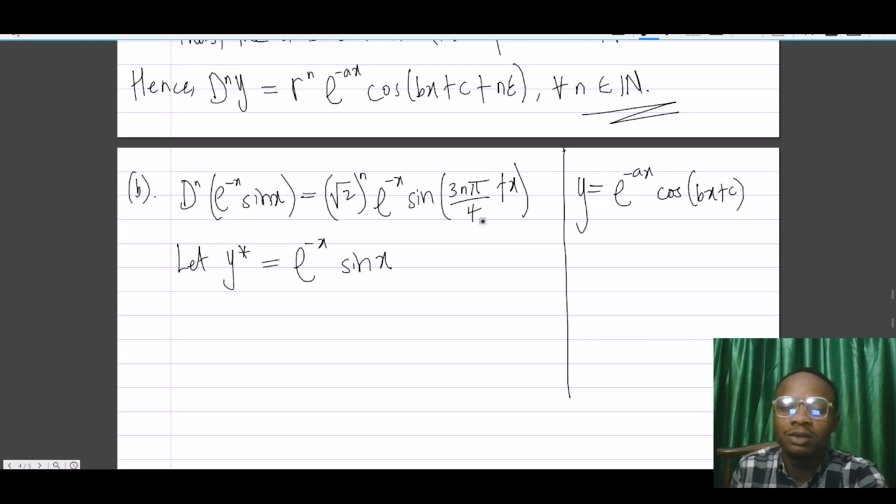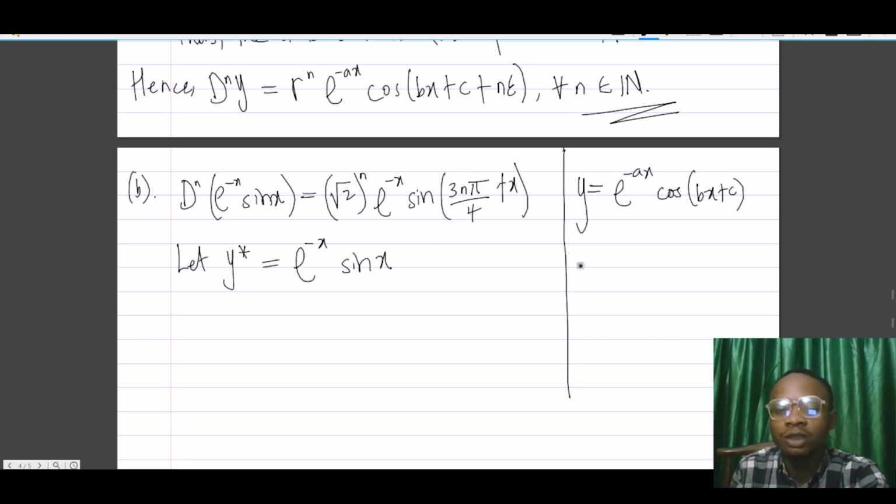So this should serve as a guide for us. We can see that x is positive right here. Look, this one has cos bx plus c, and the derivative will have cos bx plus c also. So that means we should try to find an expression for this. Instead of having sine, we should have cos, and the argument should have something like x plus something.